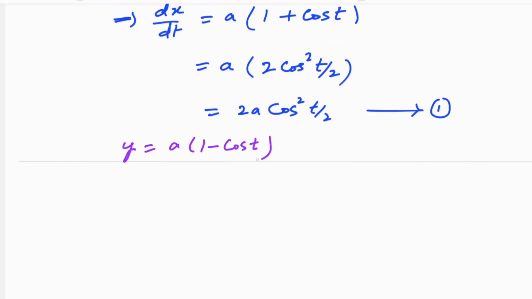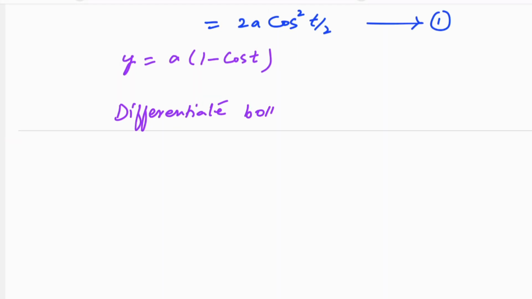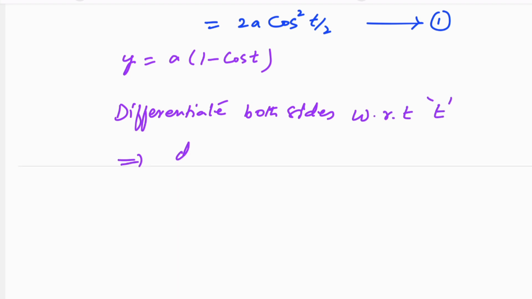Now we shall take the other equation given, y = a(1 − cos t). Differentiate both sides with respect to t. Now dy/dt = a(d/dt of 1 is 0, minus d/dt of cos t, which is minus sin t). Minus sin t means it becomes plus sin t.